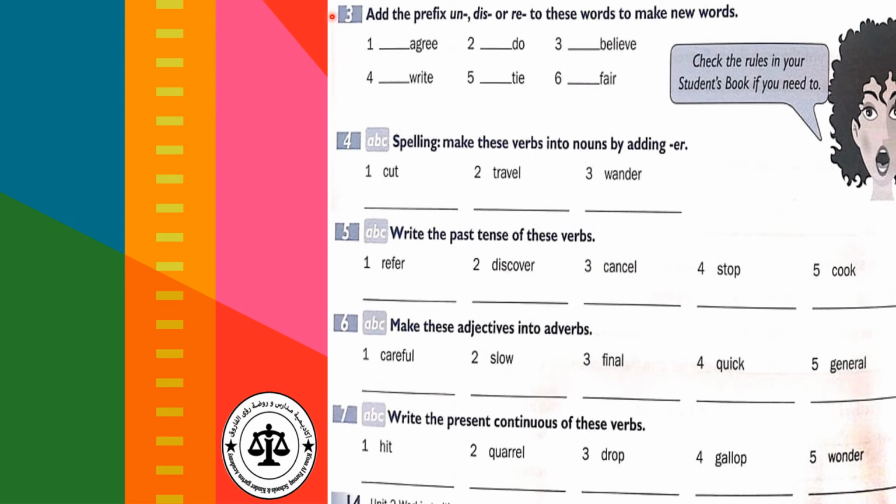Now question number 3. Add the prefix un, dis, or re to these words to make new words. Prefix is the letters which are added before the root words. Number 1.